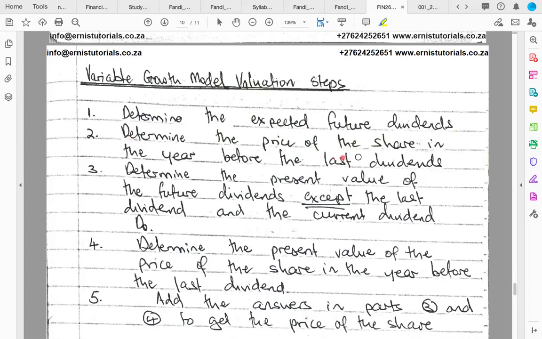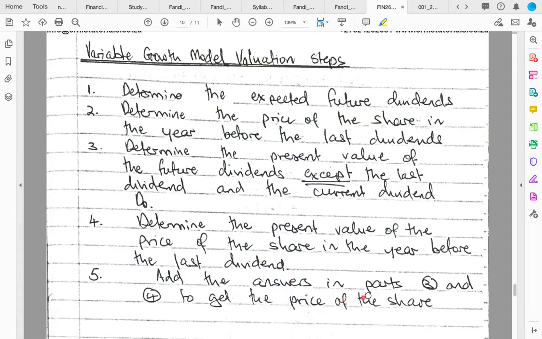Then next, you need to determine the price of the share in the year before the last dividend. And then you need to determine the present value of all the future dividends except the last dividend and the current dividend. Then you need to determine the present value of the price of the share in the year before the last dividend. And lastly, you need to add the answers in part 3 and 4 to get the price of the share. So these are the steps.